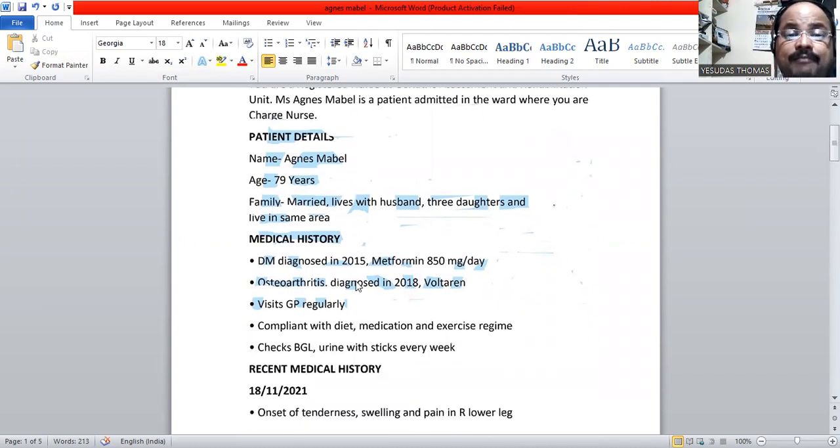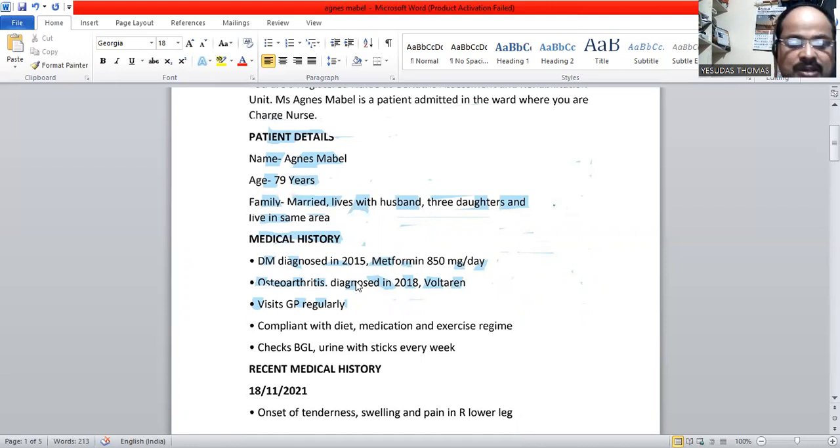Now, we have the past medical history as diabetes mellitus and osteoarthritis, for which she is taking metformin and Voltaren respectively. And she visits her GP regularly, and she's very compliant with her diet, exercise, and medication regimen.